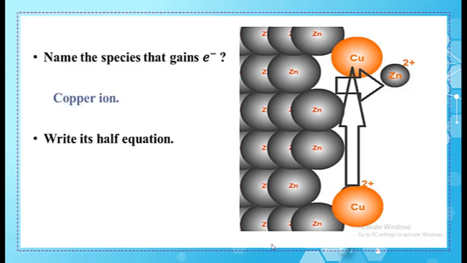Write its half equation. Copper ion gains 2 electrons to become copper atom. Also, as we said, when the species gains electrons, it will be proud of itself and put the electrons that are gained at the beginning of the reaction.